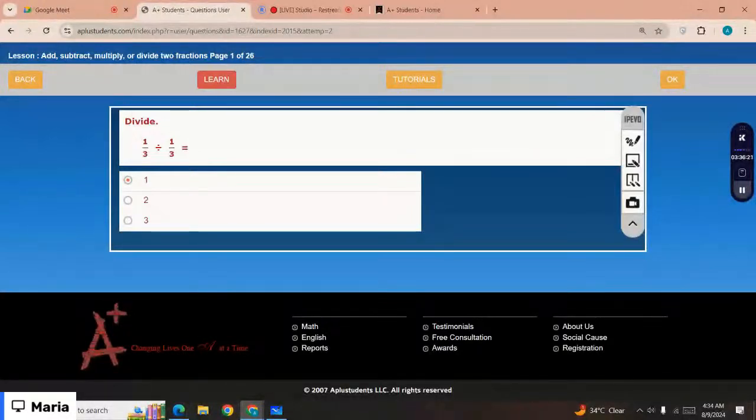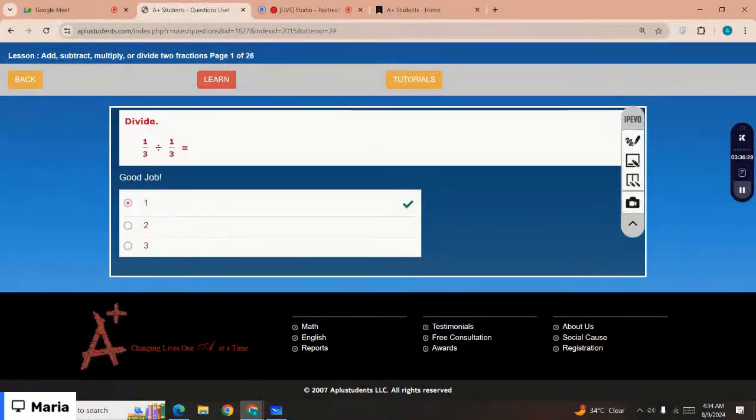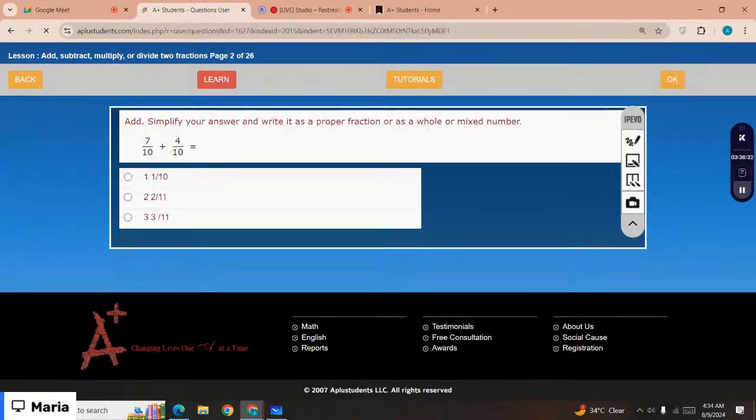The next question is 7 over 10 plus 4 over 10. So which is the correct option? They have like denominators. You simply need to add their numerators, right? So 7 plus 4 is 11. 11 over 10 it is.